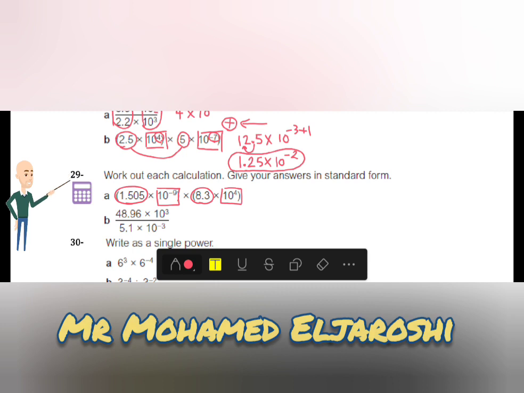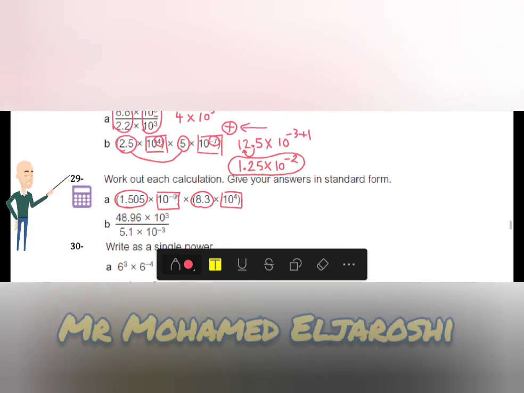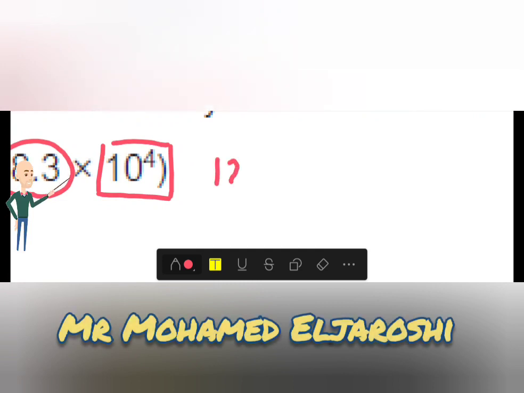Now let's do the first one here. 1.505 multiplied by 8.3 equals 12.4915.